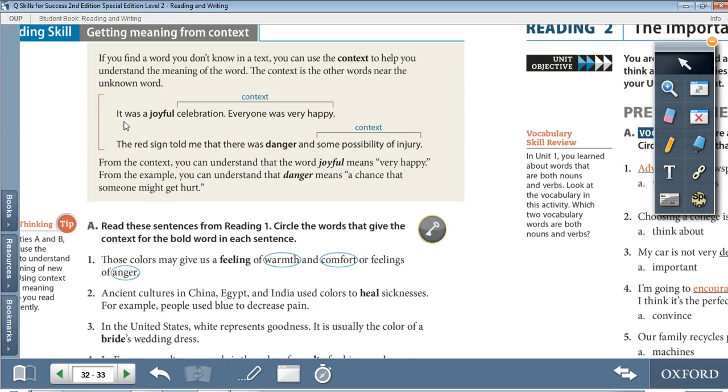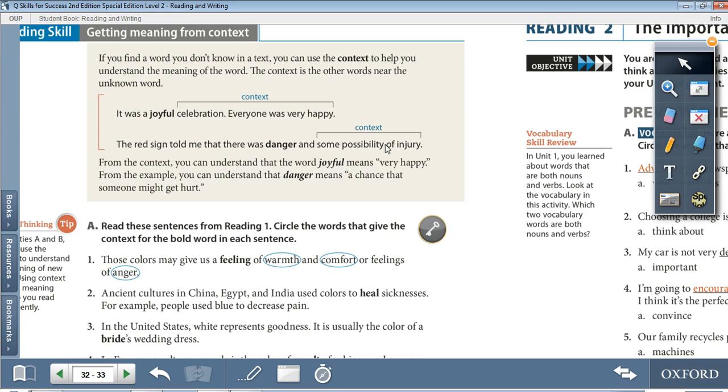Examples. It was a joyful celebration. Everyone was very happy. So, this is the context, and from the context you can surmise that the meaning of joyful has something to do with happiness. The red sign told me that there was danger and some possibility of injury.